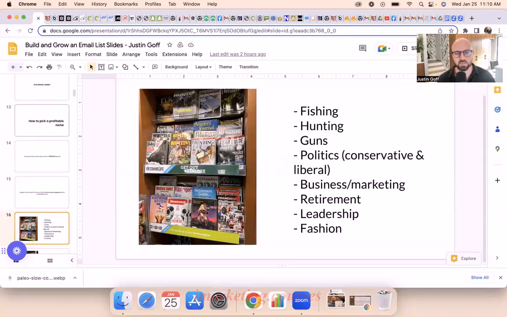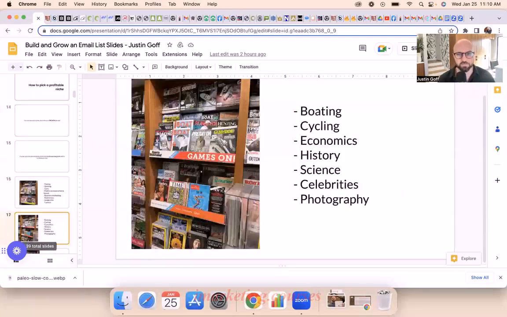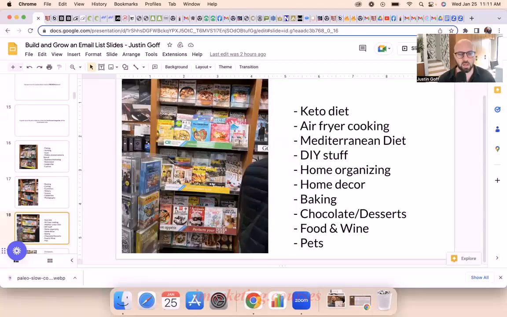As you can see here, the different types of niches: fishing, hunting, guns, politics, both conservative and liberal, business and marketing, retirement, leadership, fashion. That was just one of the racks. We also have boating, cycling, economics, history, science, celebrities, photography. So we got a lot going there. I think there was like 15 of them.